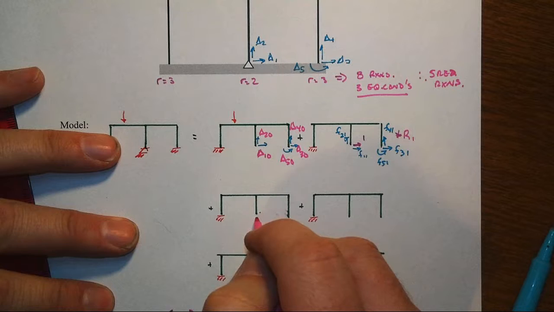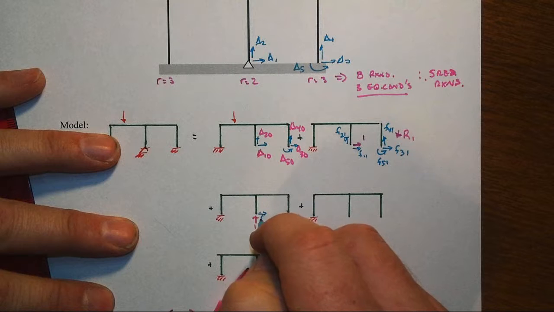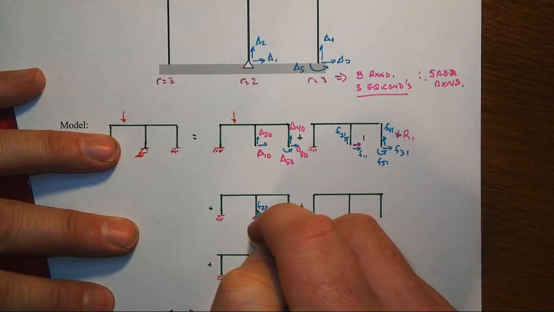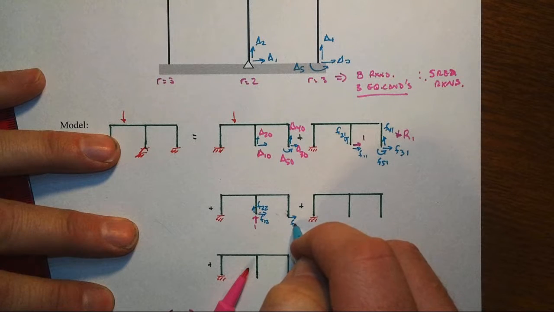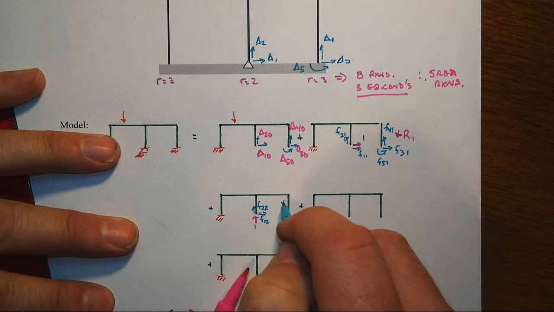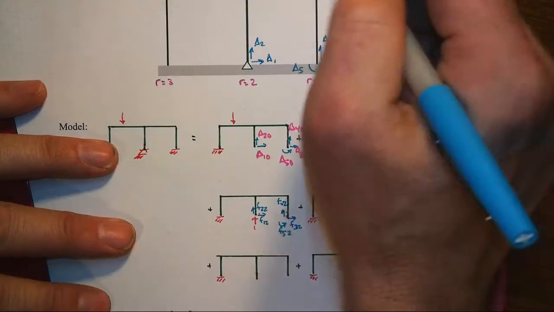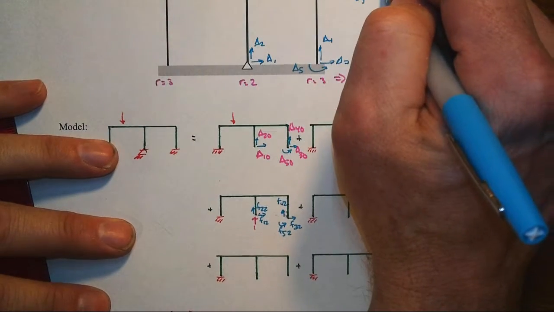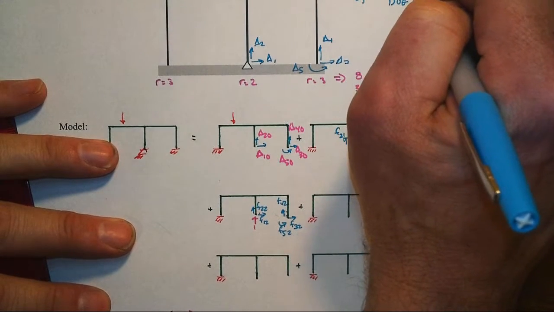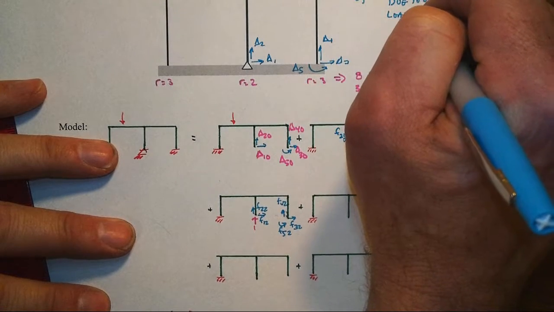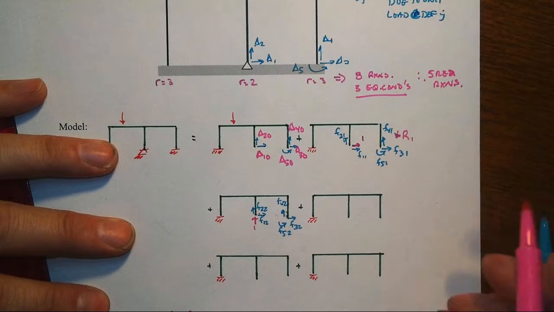Then we put the second redundant reaction in and get those displacements: F12, F22, F32, F42, and F52. Notice each one of these Fij's is the displacement at degree of freedom i due to the unit load at degree of freedom j, all other loads being 0.